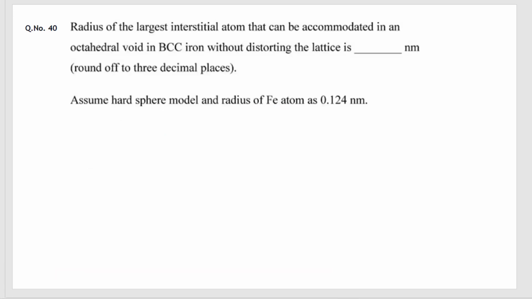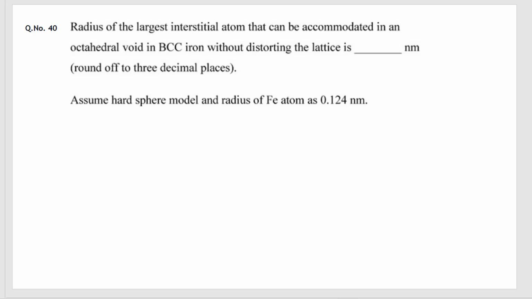Now let us move to the next question. The radius of the largest interstitial atom that can be accommodated in an octahedral void in BCC iron without distorting the lattice is, rounded off to 3 decimal places.